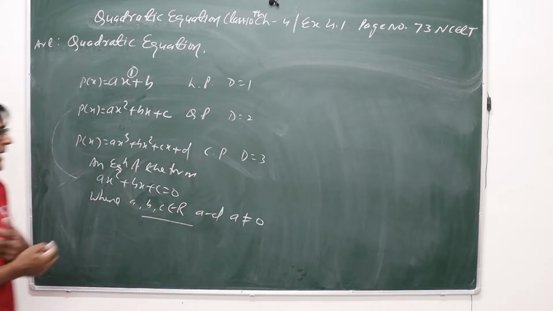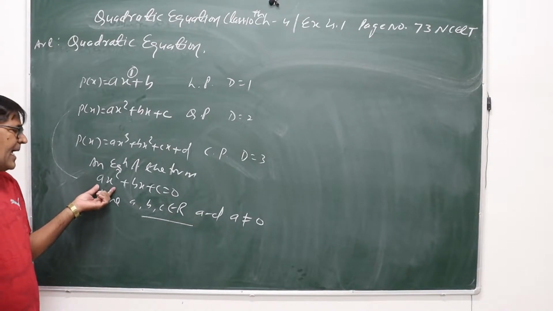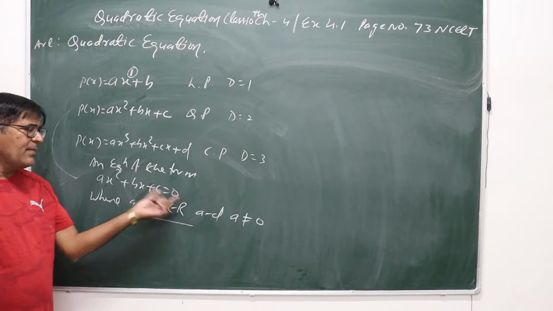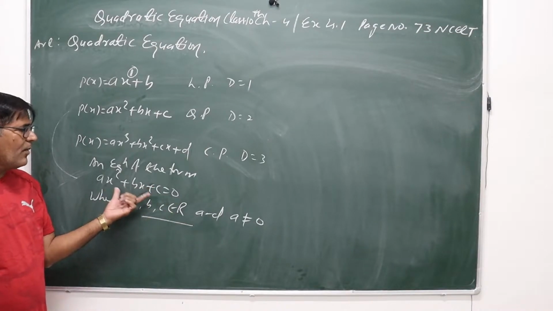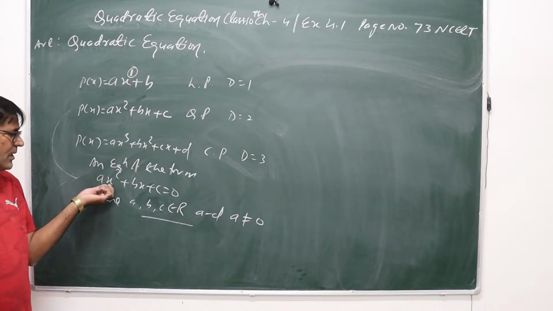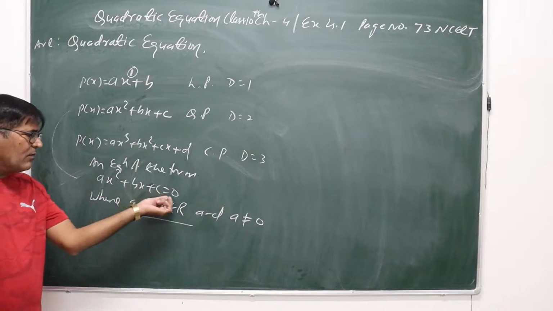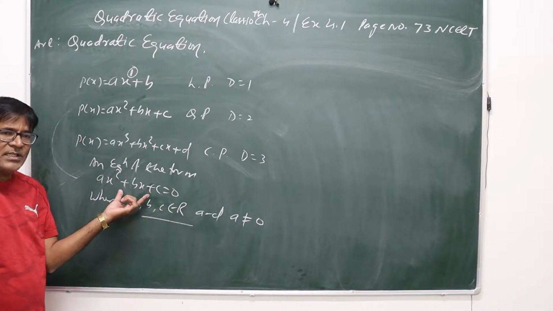So this is the main condition: any quadratic polynomial if put equal to 0, then ax square plus bx plus c equals 0. This is the format of an equation where the highest degree of this polynomial is 2 and it is put equal to 0, therefore this is an equation.